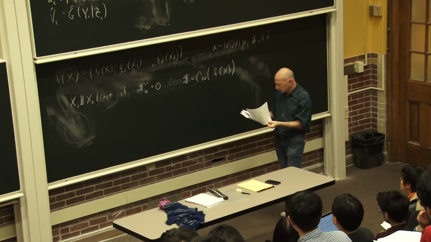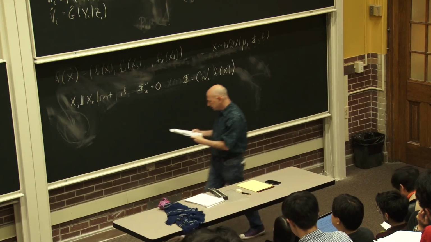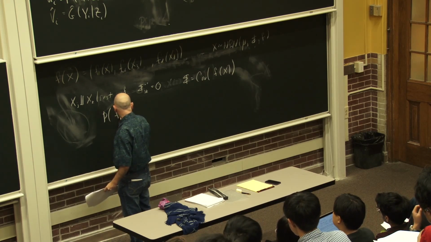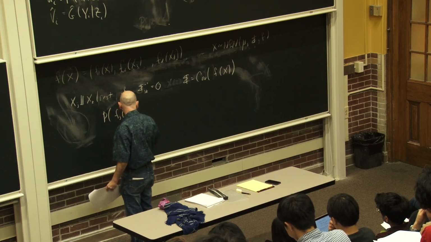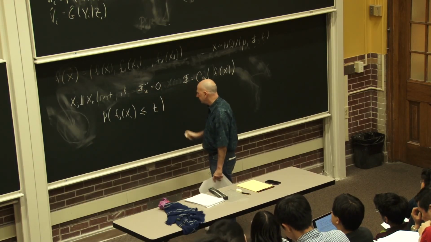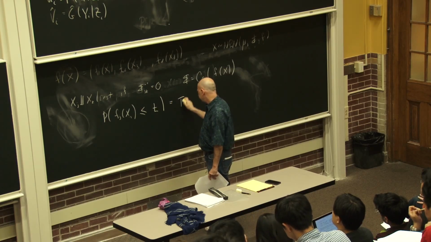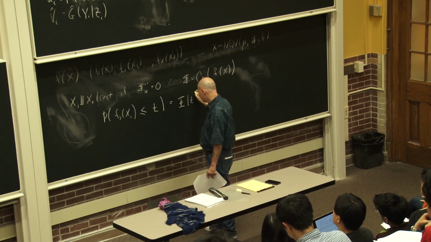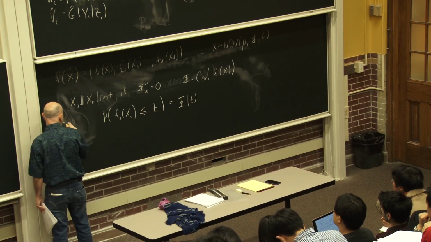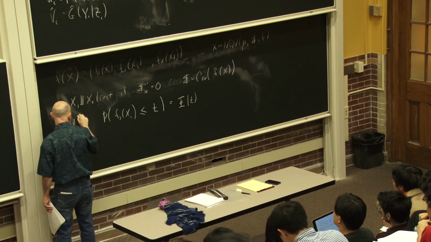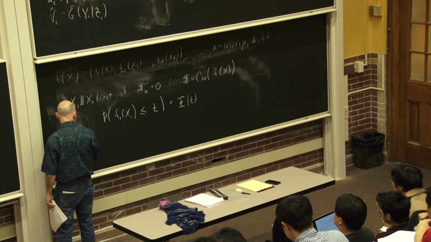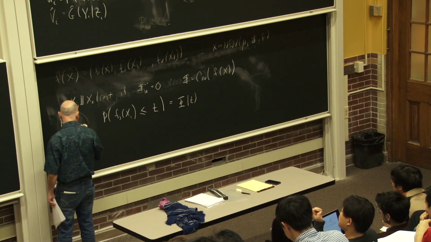We can actually write down what this function f is explicitly, because we know that the probability that fj xj is less than or equal to t is, let's say, phi of t. But what is this? This is just the marginal CDF for xj at t.